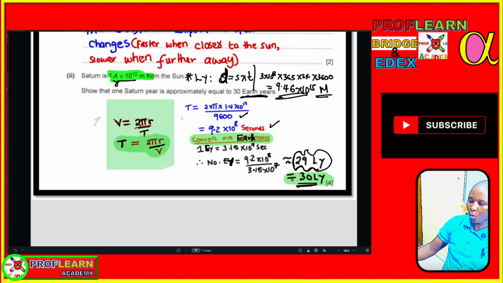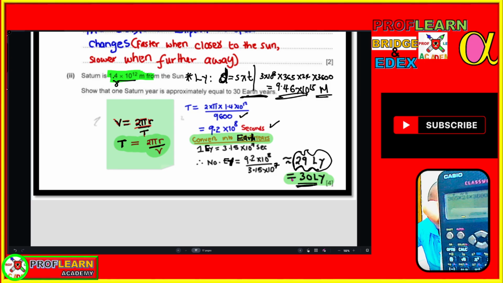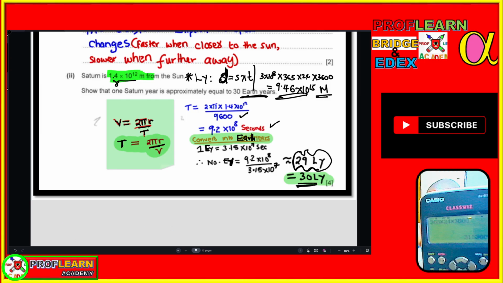And what's 1 earth year? What's 1 year? 1 year is basically 365 days. So if you take 365 days times 24 hours in a day times 3,600, because in an hour we have that many seconds, we are going to get 1 earth year being equivalent to that value.